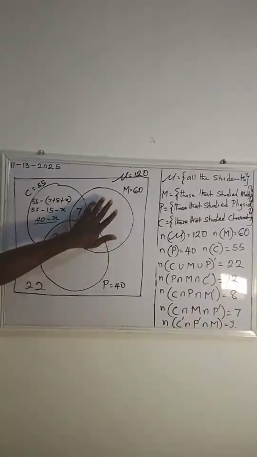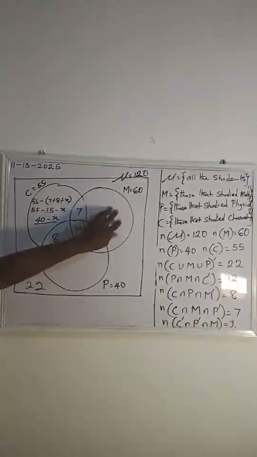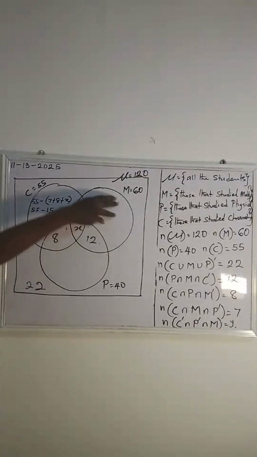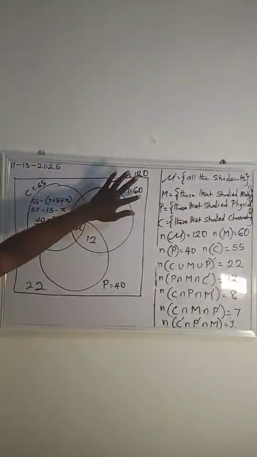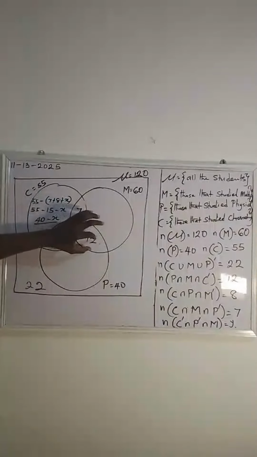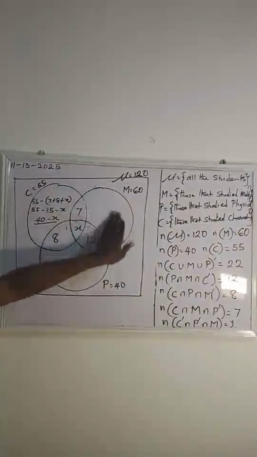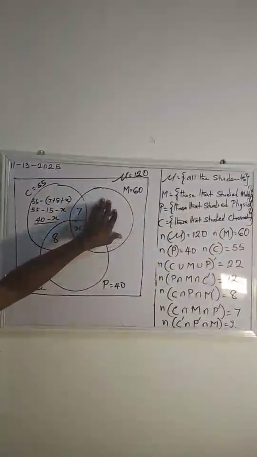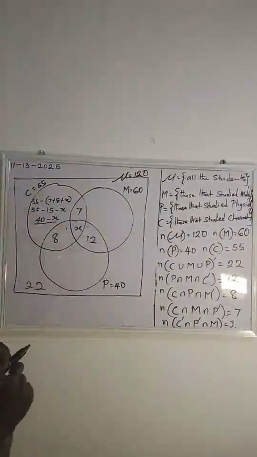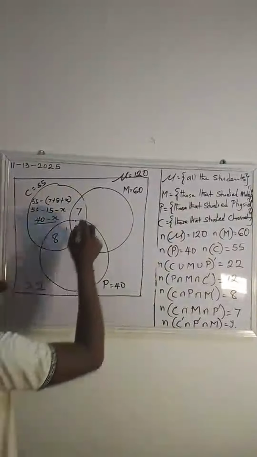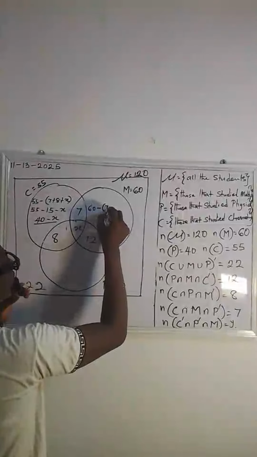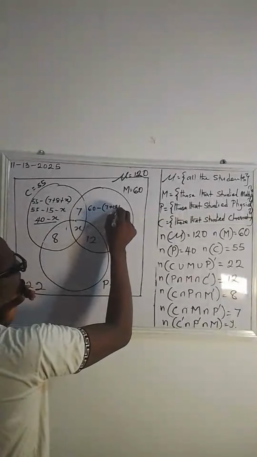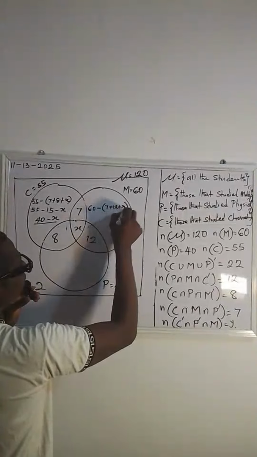Now let's move down to those that study only mathematics. The whole circle here is 60, so we just remove everything else inside the circle. The remaining one is the number of those that study mathematics only. So we have 60 minus 7 plus 12 plus x.